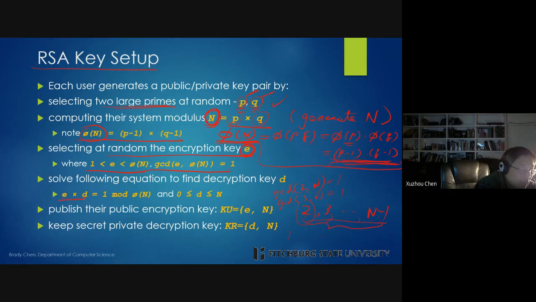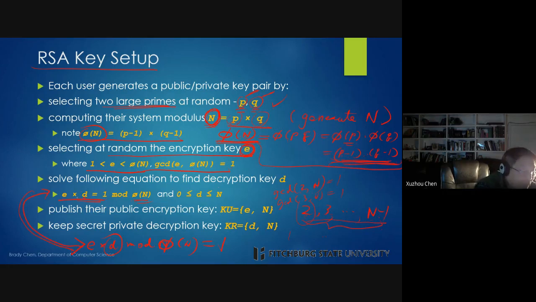So that means E and D are inverses of each other modulo phi of n. So you're going to find a D such that E times D modulo phi of n is 1. Now that's called the inverse of E modulo phi of n. So now we find the D.